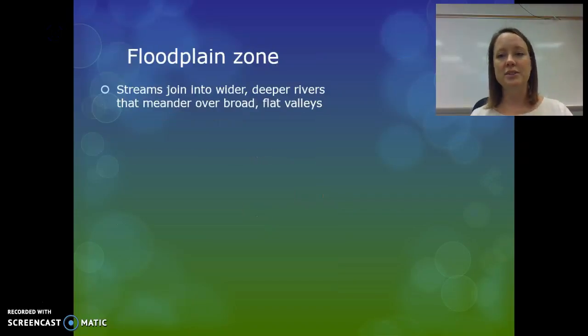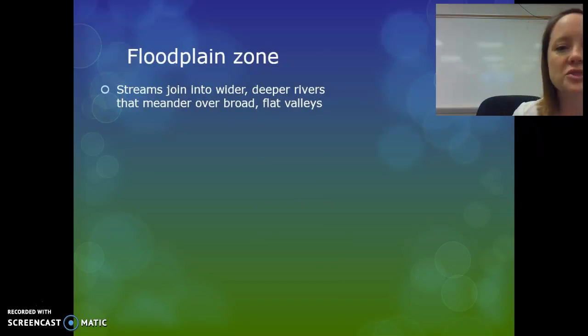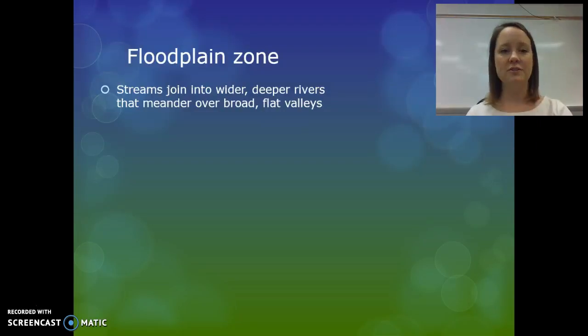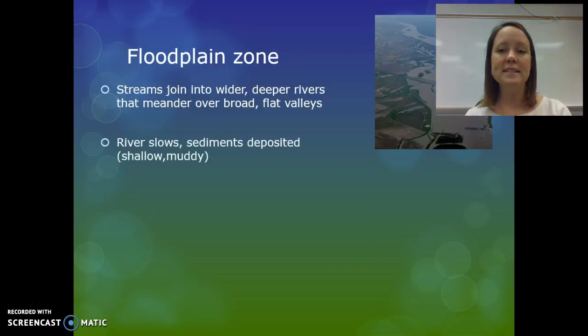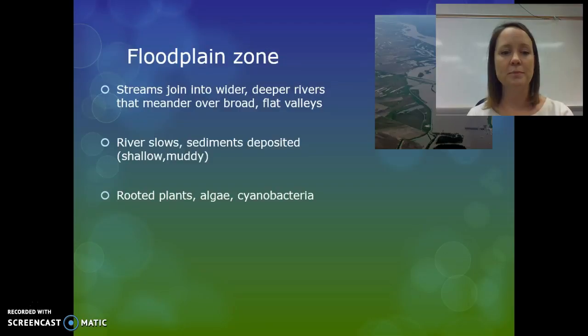In a floodplain zone, this is where you are closer to sea level, so the streams are very wide. They're going to start off deep, but as they get in the lower elevations, they're going to become very shallow. They tend to meander, which means they curve over broad, flat valleys. As they slow down, sediments that are carried are deposited, and we get these very shallow, muddy rivers where sometimes you'll see sandbars in the middle.